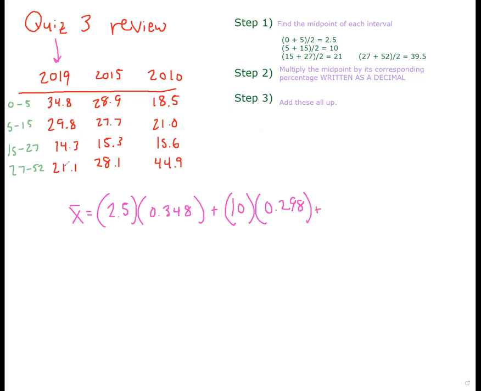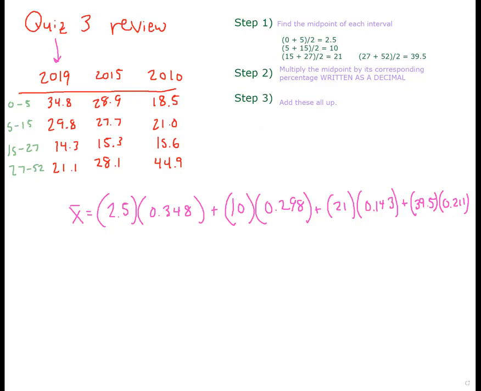Plus the next midpoint is 21, and the percentage associated with that would be 14.3, but I want it as a decimal, so 0.143. And lastly, plus 39.5 times its percentage as a decimal, so 0.211.